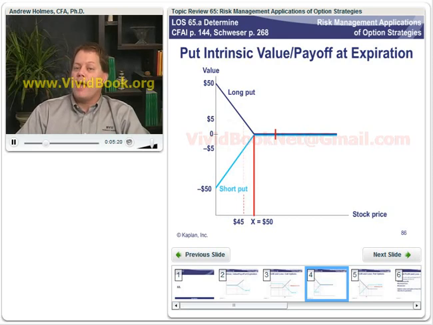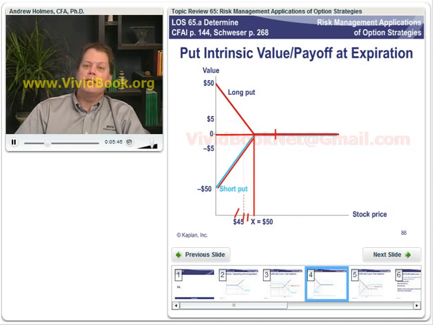However, if I am long a put option as the price falls below the exercise price, then I can buy at the low price, sell to the contract at 50, and for every dollar it falls, I'm going to have an additional dollar in terminal cash flow. Just the opposite is happening for the short put on this end. So once again, the combined profit of the long and the short is always going to be equal to zero.